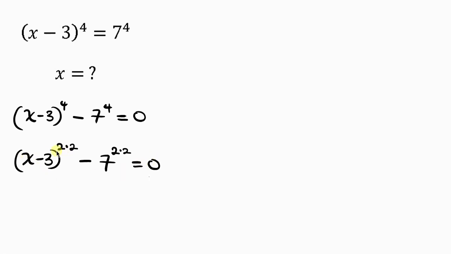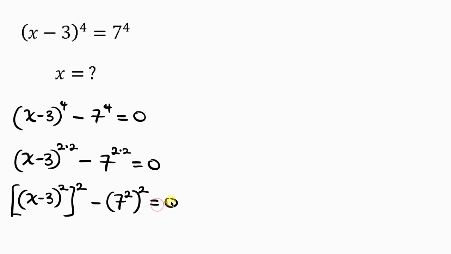So this expression can be written as (x − 3)^2, and this will also be raised to another power of 2. These are actually the same thing, because from indices, powers multiply. Minus, so this can be (7^2)^2, as these powers multiply, equal to 0.